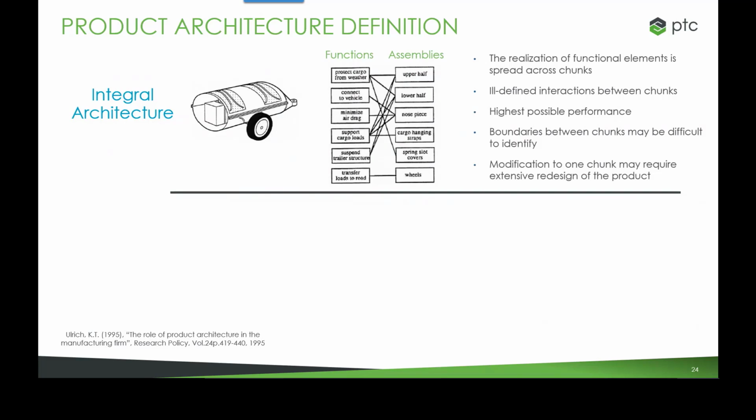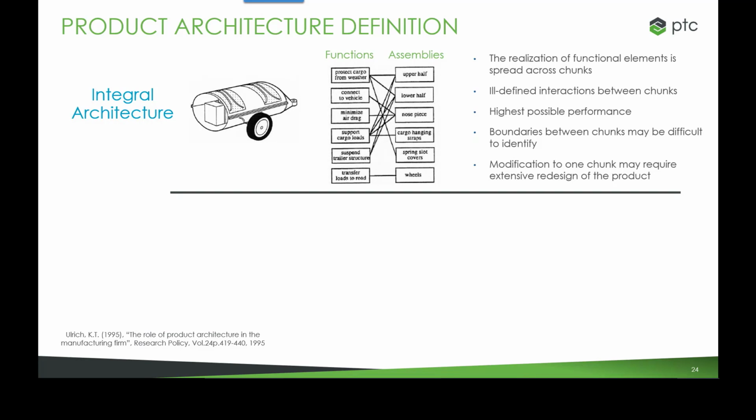This is an example of an integral architecture, and this has come from a really old article or piece of research from Ulrich. You see the reference at the bottom there, '95. So these principles are not new. In this case, we have complex coupling between the functions and the assemblies. So the assemblies work together to deliver the functions. They're spread across different chunks of the solution.